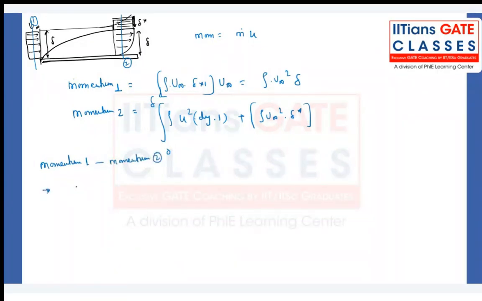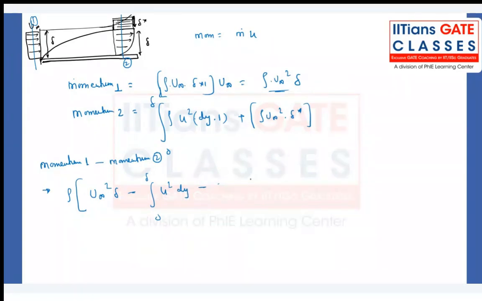So we can write, my dear friend, here rho I can take outside, u infinity square into delta, this particular term, minus rho, I have taken outside, so u square into dy 0 to delta, minus here rho I have taken outside, so here we can write further.